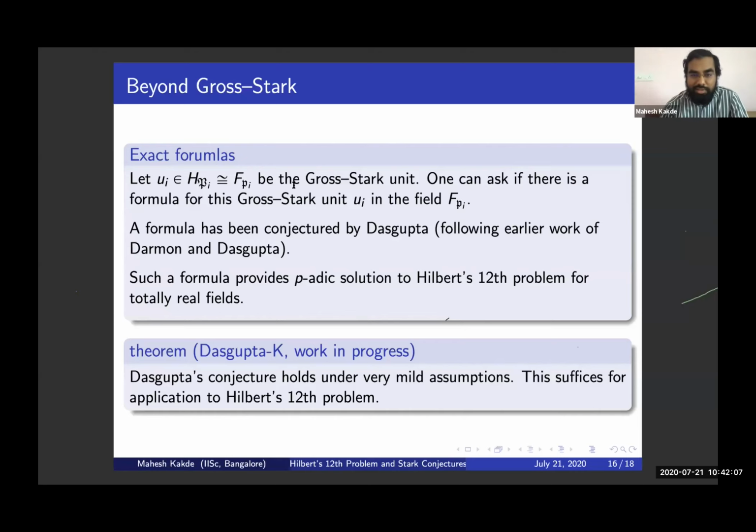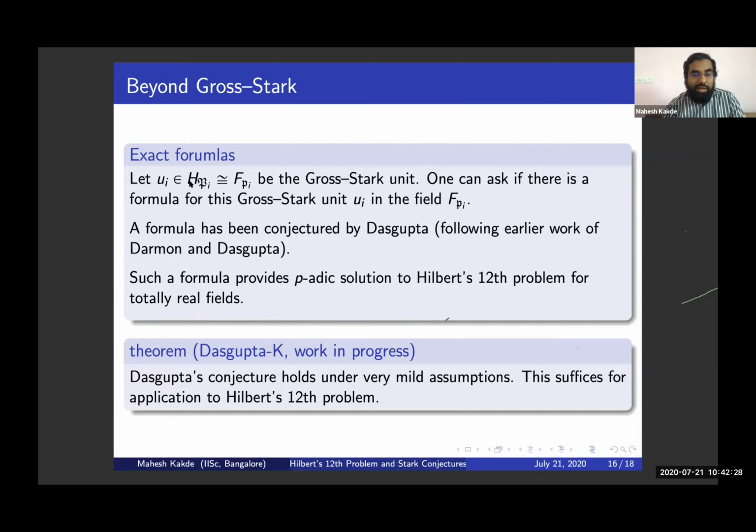They are used interchangeably by people. Depending on their point of view, if you come from the p-adic side, you call it Gross-Stark unit. If you come from the side of Stickelberger, then you call it Brumer-Stark unit. So you should read this Gross-Stark as just Brumer-Stark.